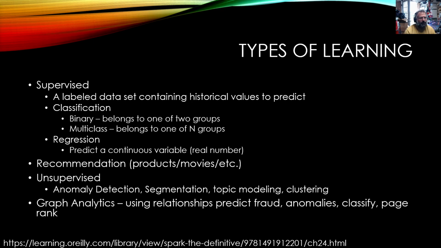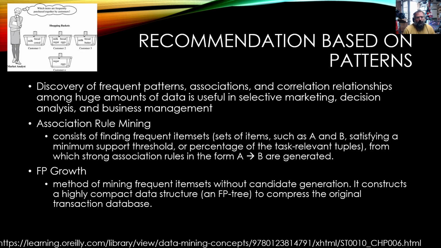So if we talk about recommendation based on patterns, this is the shopping cart analysis. The classic examples are milk, bread, and cereal, and sometimes beer. If somebody has sugar and eggs in their basket, you might want to recommend bread and maybe milk, because those might be something they're interested in.